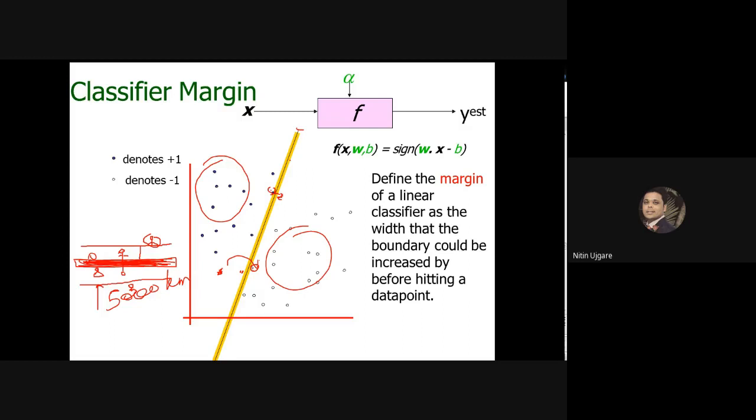Do you get it? So whenever we have the decision boundary, we create a margin on either side of it, so that we avoid misclassification of the instances very close to the decision boundary. That is the use of support vector machine.